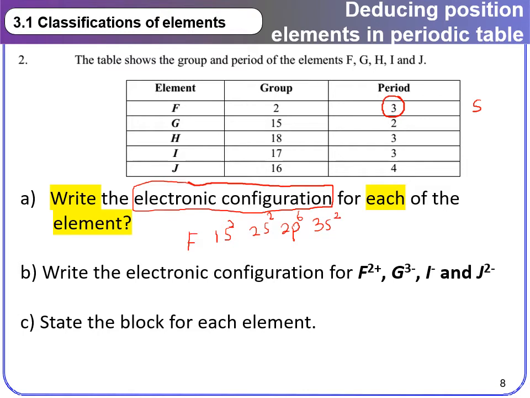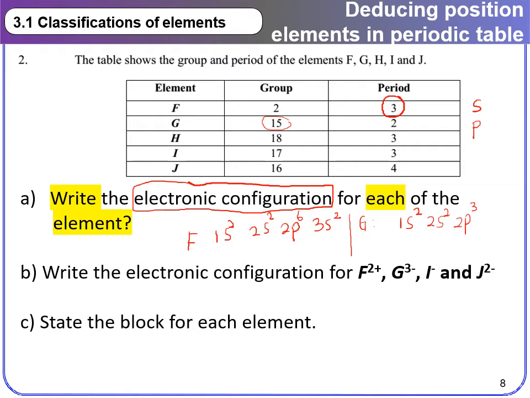While for element G, again, we have group 15. So we know this one is a p block element in period 2. So it will end up with 2s2, 2p. We have to remember to minus 2, so 2p3. Before 2s, we have 1s, so 1s2, 2s2, 2p3.